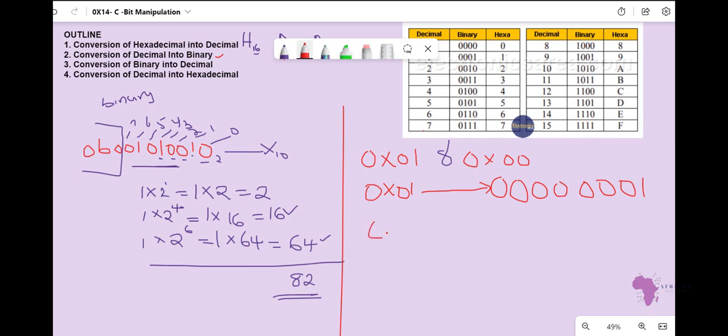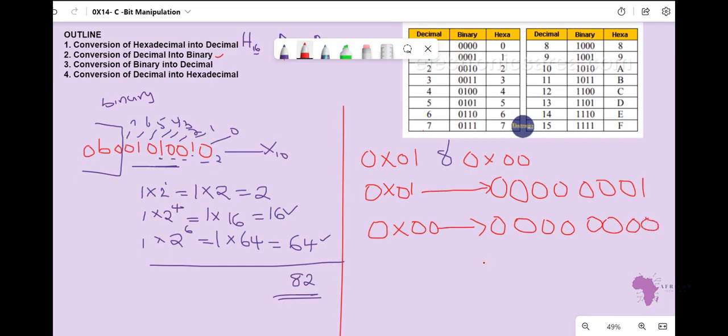And then the second one, 0x00, will give us 0, 0, 0, 0, 0, 0, 0, and lastly 0.